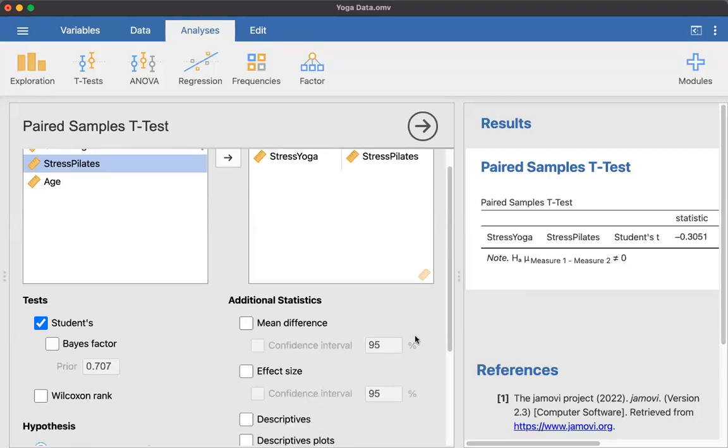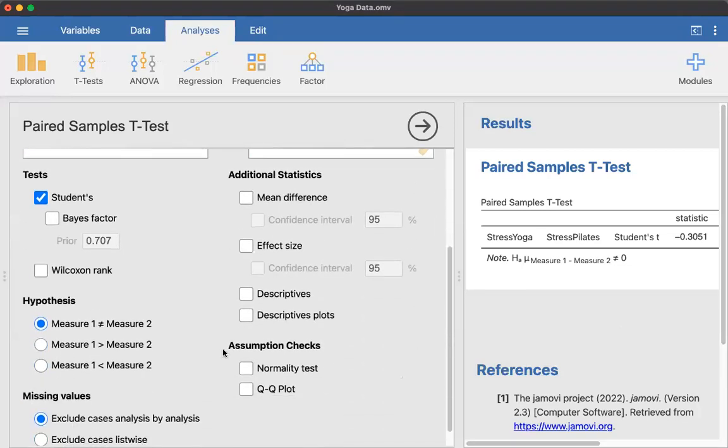So the first thing you should do is go down to the hypothesis here. And if we leave it as is, this is a two-tailed hypothesis, a two-tailed null hypothesis test. But if we were to move this and say measure 1 is greater than measure 2, what we'd be looking at is actually the specific direction.